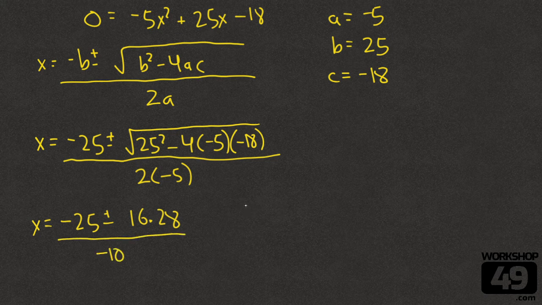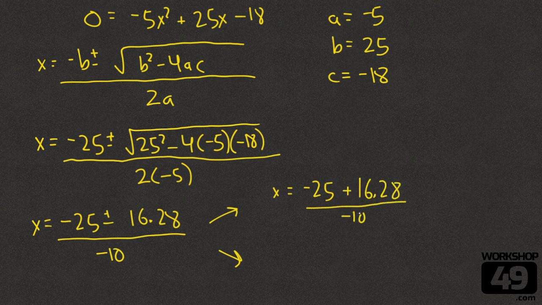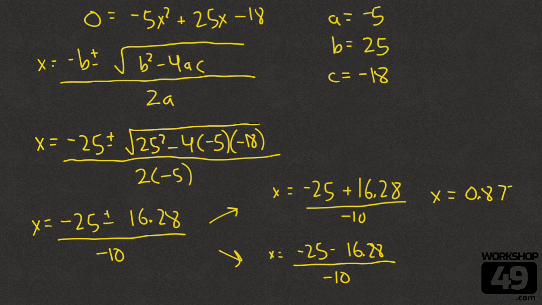You're going to work this out and you're going to get two separate answers. x equals negative 25 plus 16.28 all over negative 10, and you're also going to have x equals negative 25 minus 16.28 all over negative 10. We get two answers. x equals 0.872 seconds, and x equals 4.128 seconds. Now hold up here a minute.